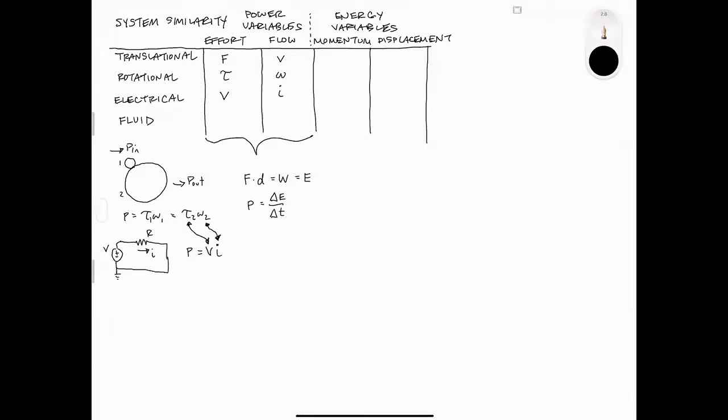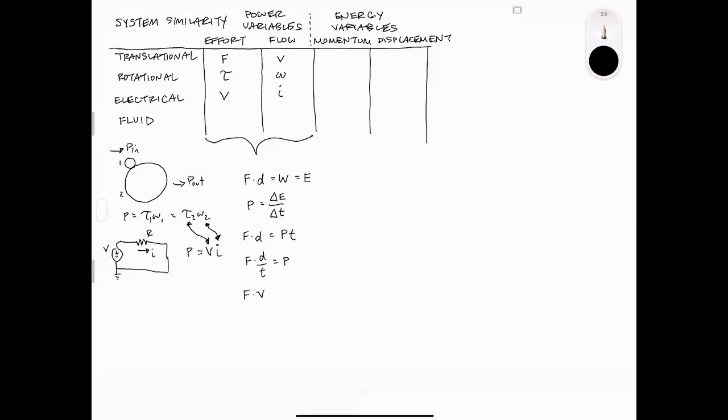Therefore, if we make the equation that force times the distance over which that force is applied is equal to the power times t, for time, and we manipulate this equation so that the distance over time is equal to power, we can see that indeed the force times a velocity is the power.